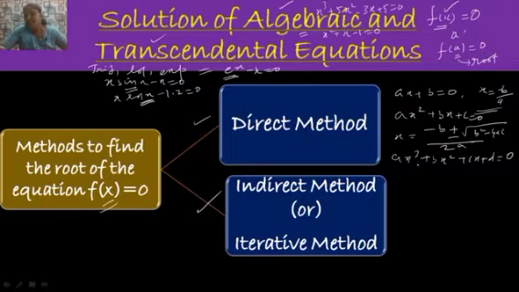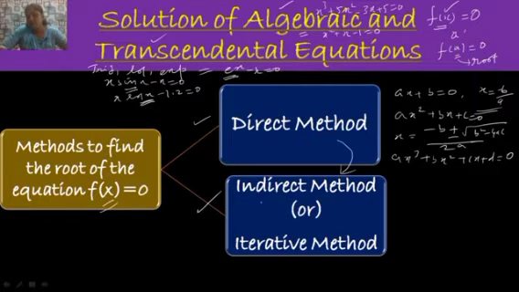Suppose it is of higher order, that is more than 3, it doesn't have any analytical or direct method available to find the root of the given equation. In such cases, we move on to the indirect method or iterative method to find the solution of the given equation.